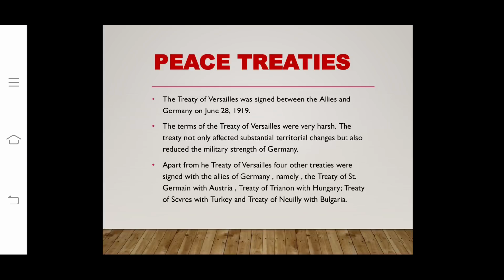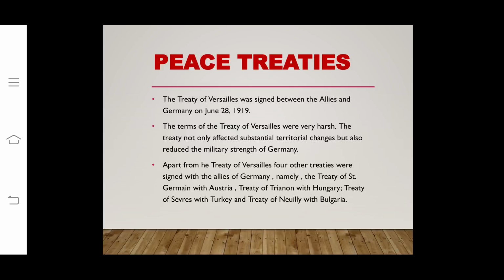Now, after the war was over, there were some peace treaties which were signed between the victorious nations and the nations which were defeated. The victorious powers of the Allies met in a conference first in Versailles, a suburb of Paris, and later in Paris between January and June 1919.